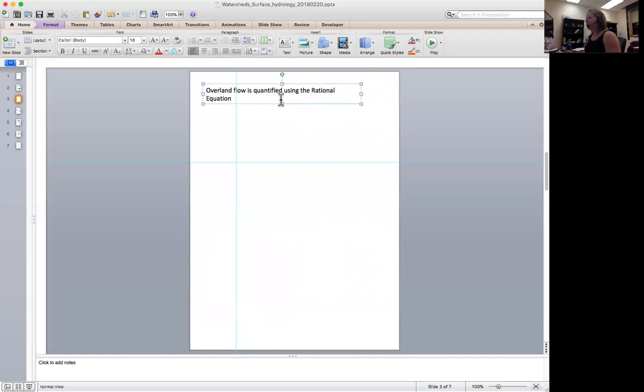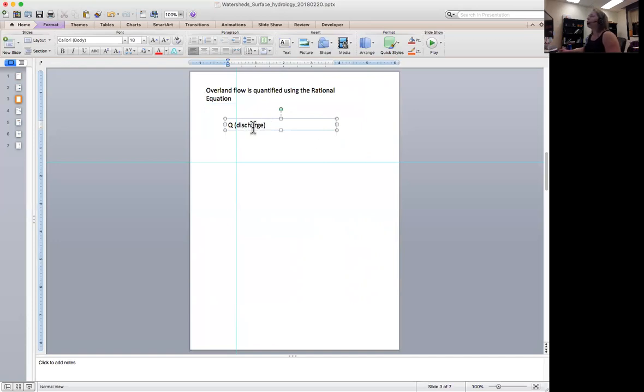And the rational equation is a pretty simple equation where we say Q, which is often a term that we use for discharge. And this discharge is just the discharge that's occurring over the land. So that's our discharge.